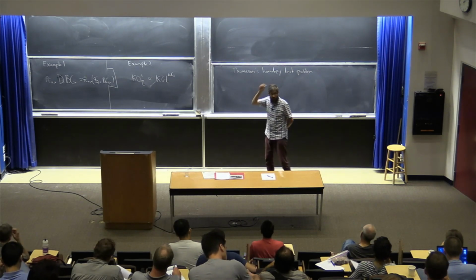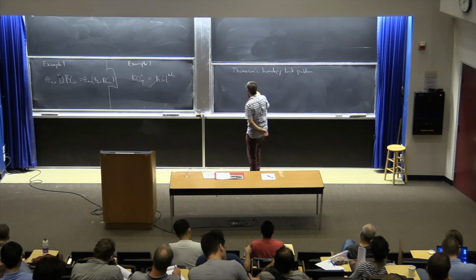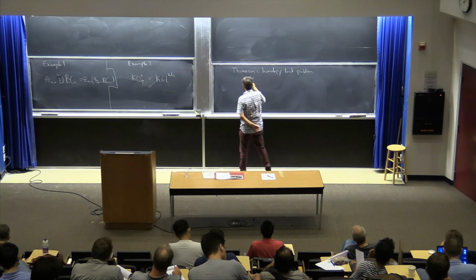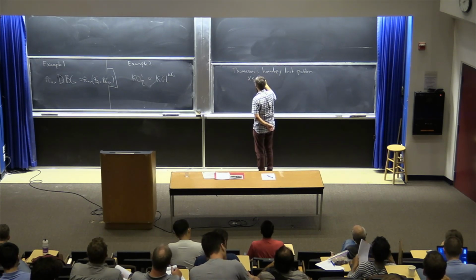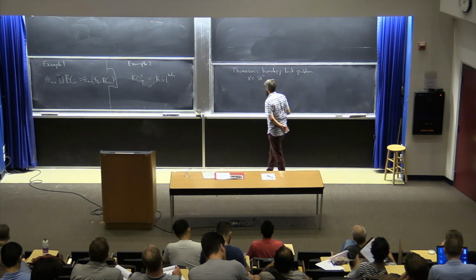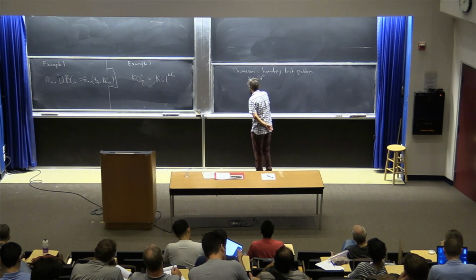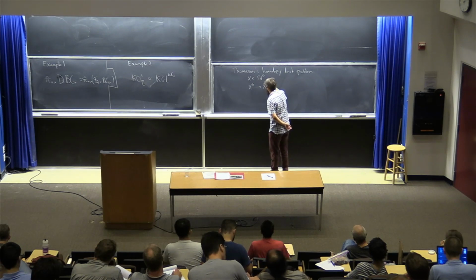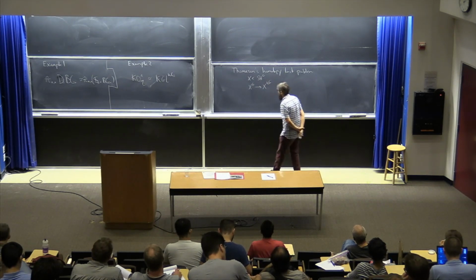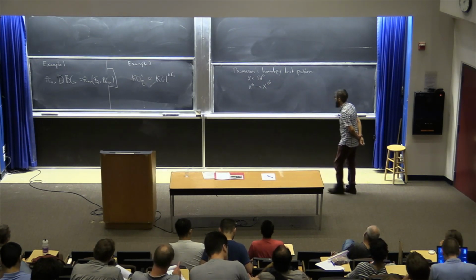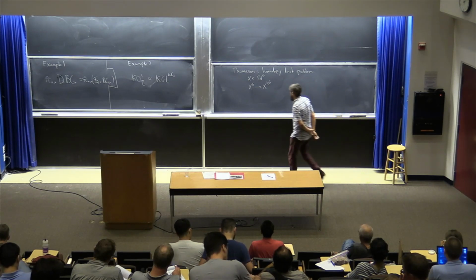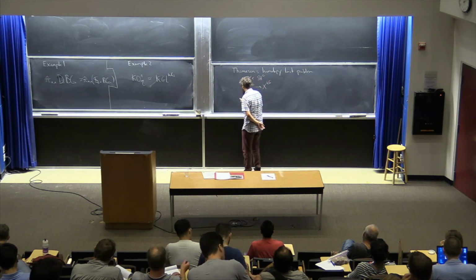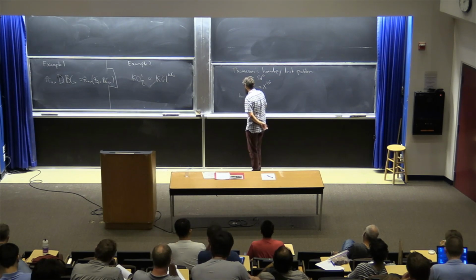There are different ways to phrase this. The way that I'll work is I'll take an equivariant spectrum, and very simply stated, we consider the map on fixed points to homotopy fixed points, and we ask how close this is to an equivalence.